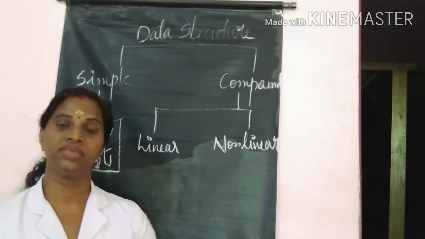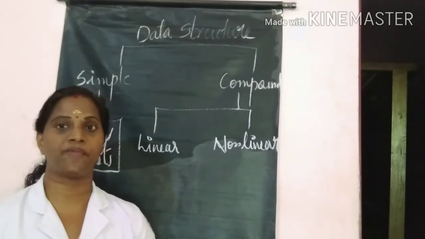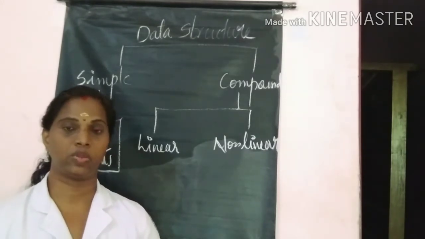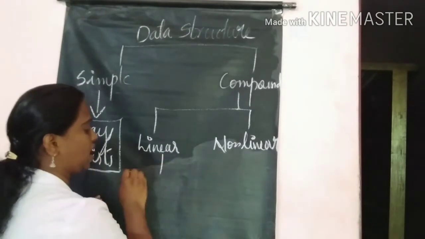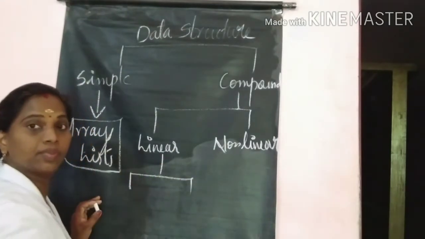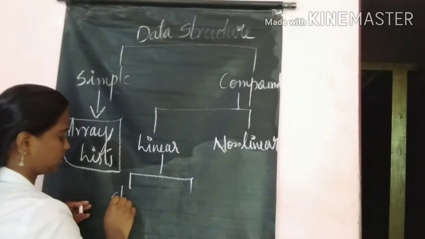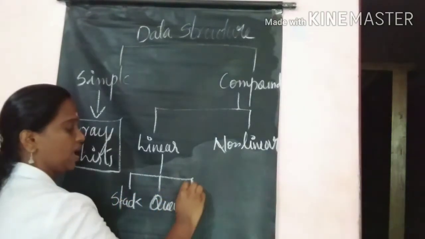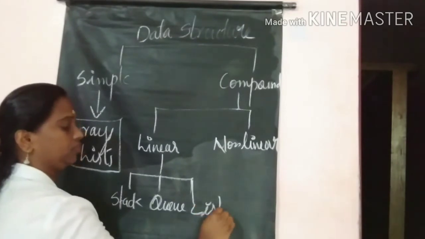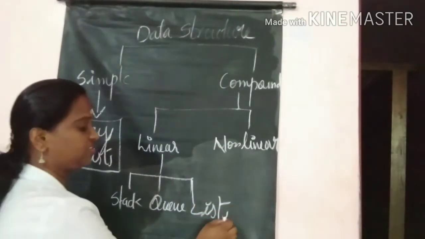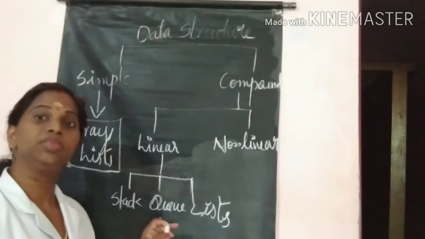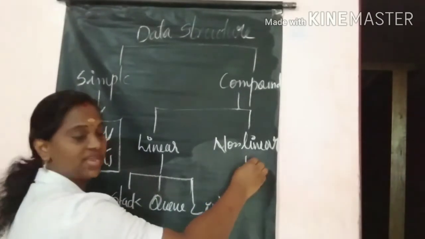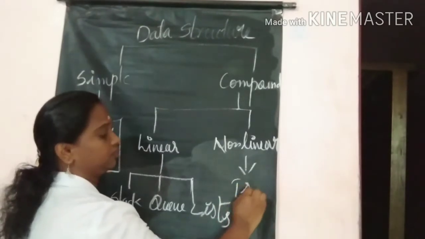A structure that contains the same type of elements, we can say these are linear data structures. Examples for linear data structures are stack, queue and list. The example for non-linear data structures is tree.